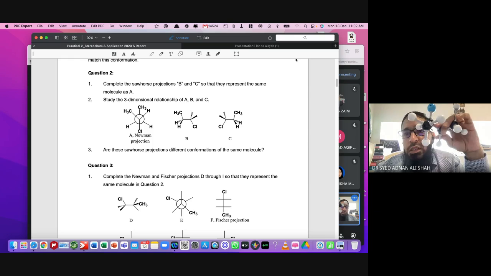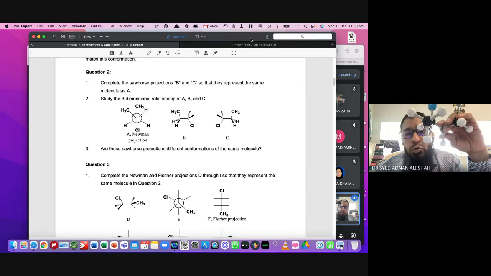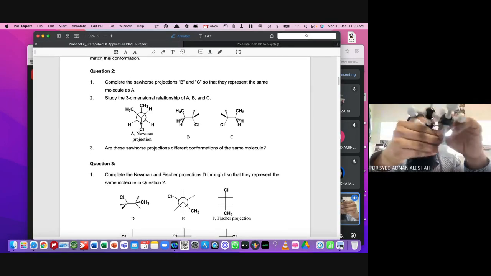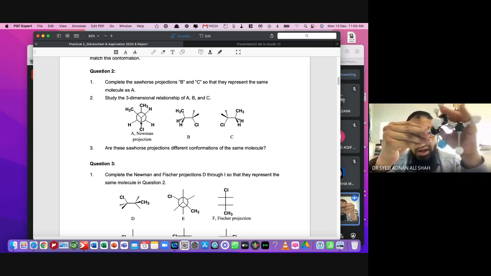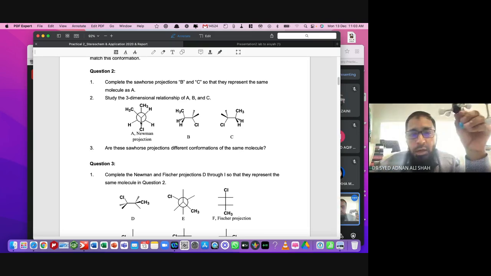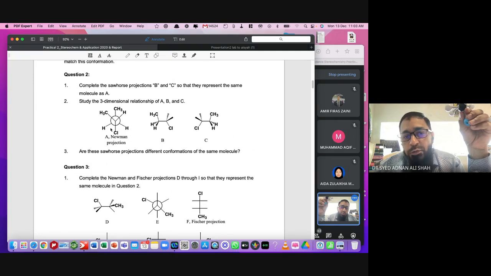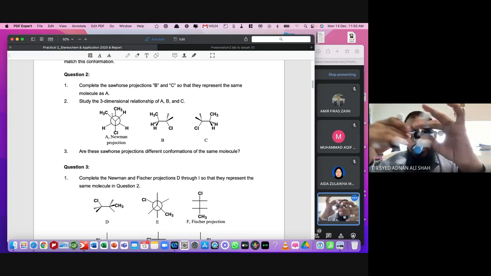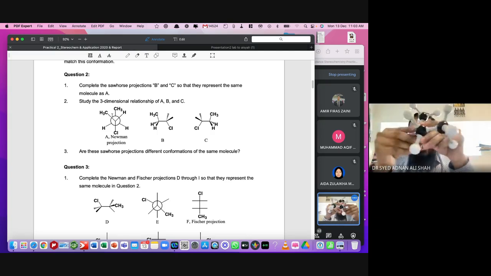So we have seen the 3D model of this 2-chlorobutane, how it looks, right? For example, the chloride is at the back. You can see how the Newman projection of this one looks. The stereogenic carbon is in front.